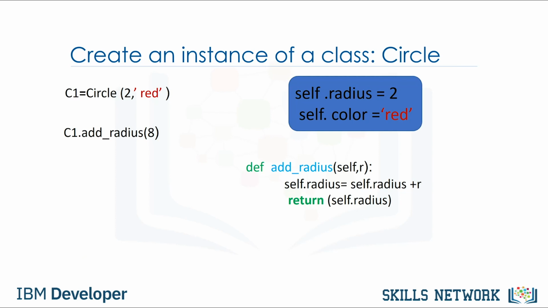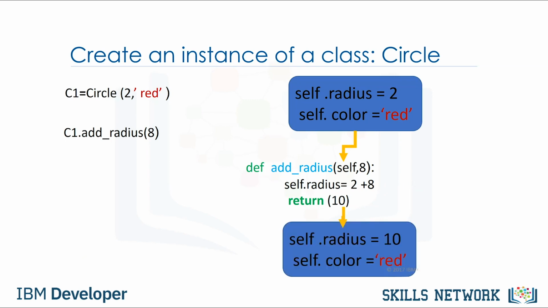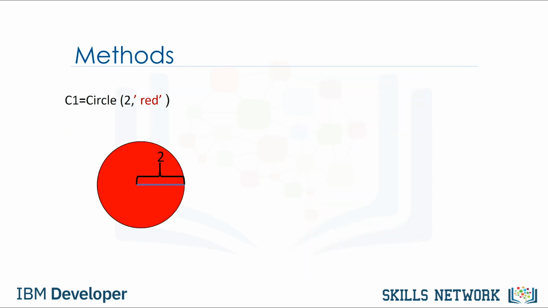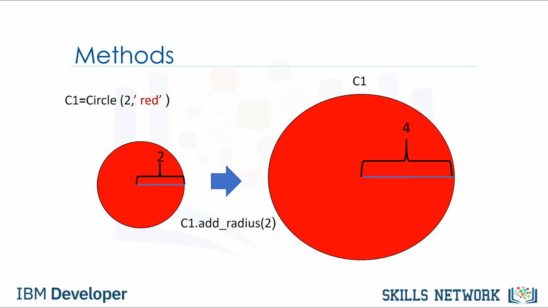Internally, the method is called with a value of 8 and the proper self object. The method assigns a new value to self.radius. This changes the object, in particular the radius data attribute. When we call the addRadius method, this changes the object by changing the value of the radius data attribute.